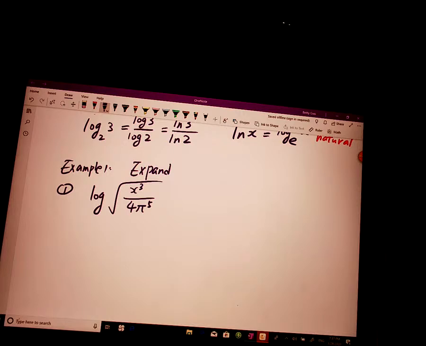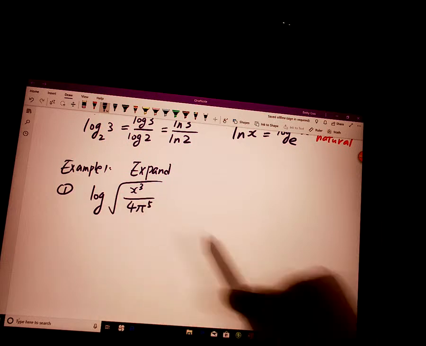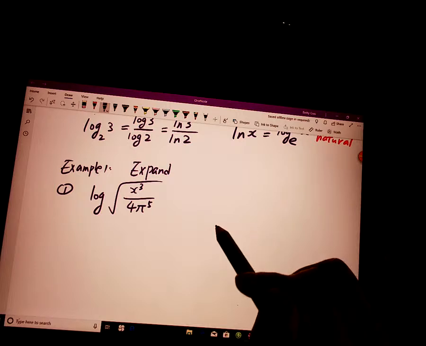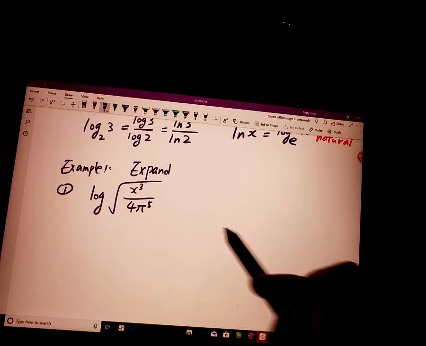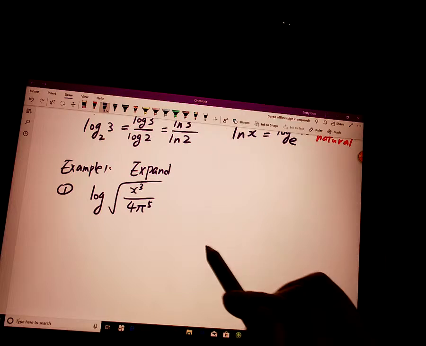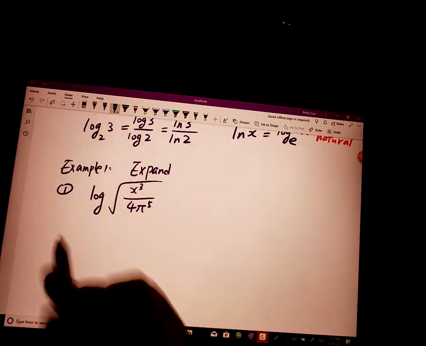What is expanding? We're going to rewrite this single logarithm as an expression, and in the expression we have more than one logarithm, and they are in the simplest form. I'm going to show you how.